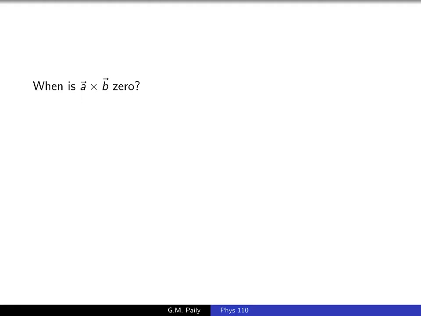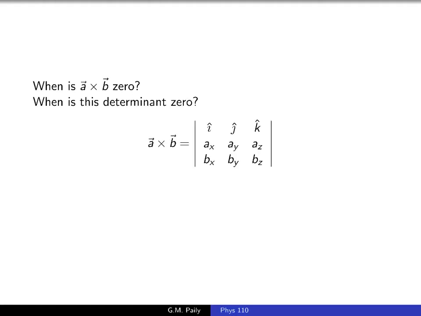Once again, when is A cross B 0? It is 0 when the area of the parallelogram goes to 0, which will happen when A and B are parallel. Another way of looking at it is to ask, when is the determinant 0? If you remember the properties of determinants, you know that if any row is a multiple of some other row, then the determinant is 0.